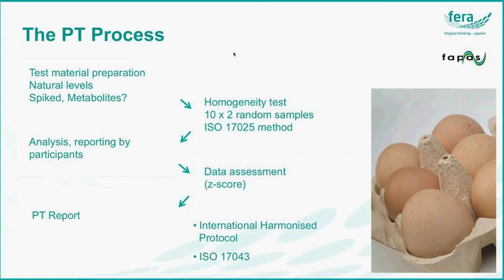At any one point in this process, we can learn from the experience and improve the PT for next time. This process is also described in the International Harmonised Protocol for the Proficiency Testing of Analytical Chemistry Laboratories and is also described in ISO 17043, which is the standard for general principles for proficiency testing providers.